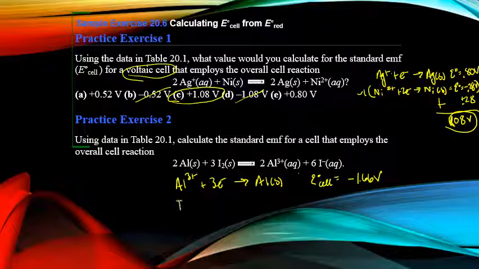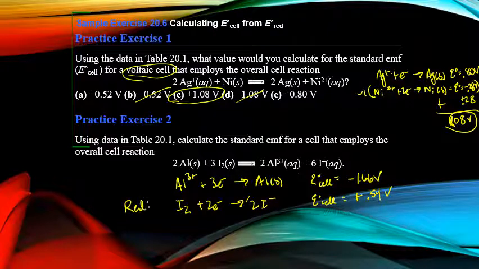And when I look at the I2 plus 2 electrons going to the 2I minus, the E cell for this particular reaction is a positive 0.54 volts. So again, to choose which one is my cathode, I'm going to take the one that has the more positive value. So I know that this is the reaction that I want for my reduction.